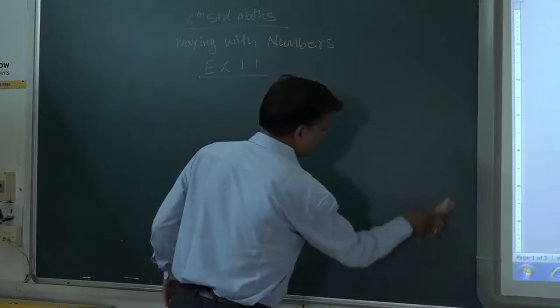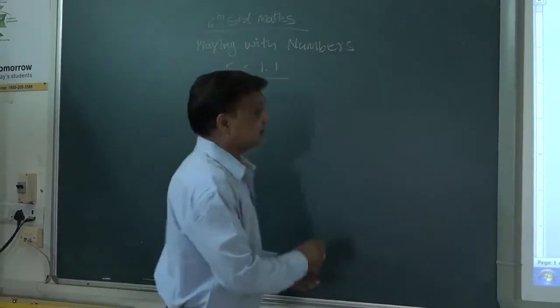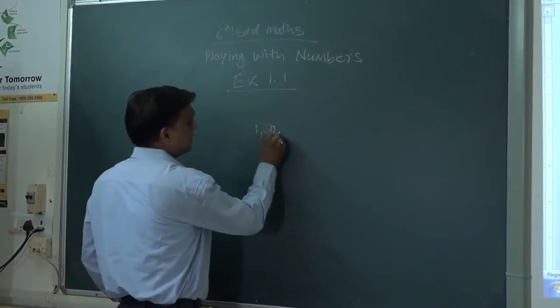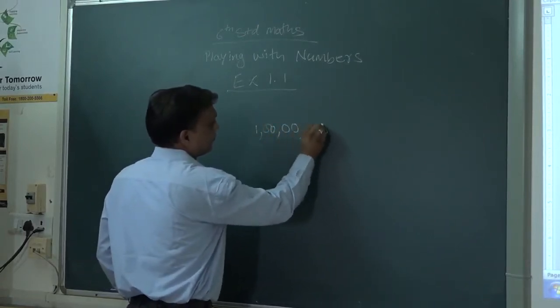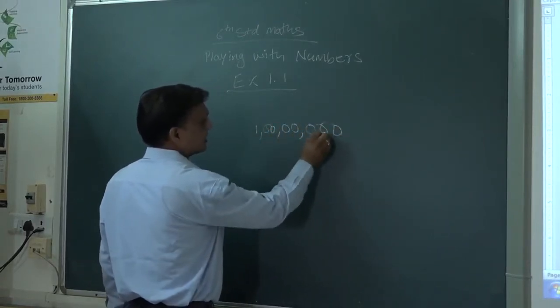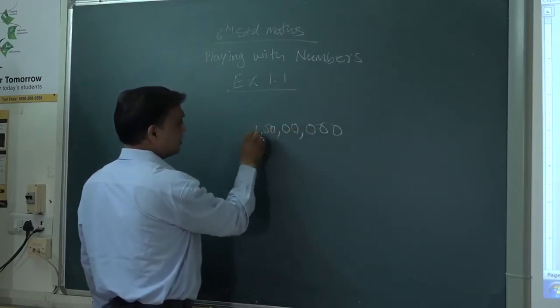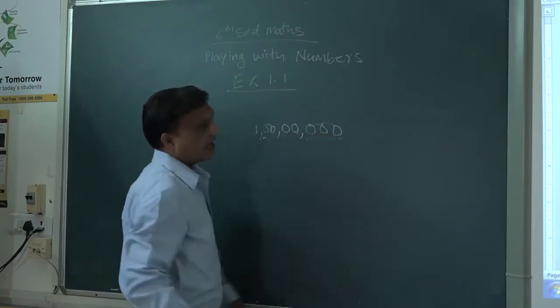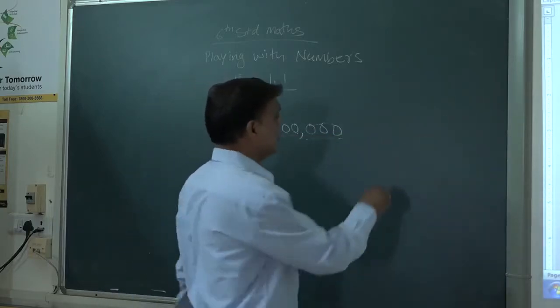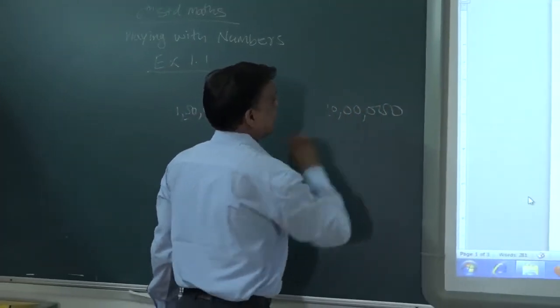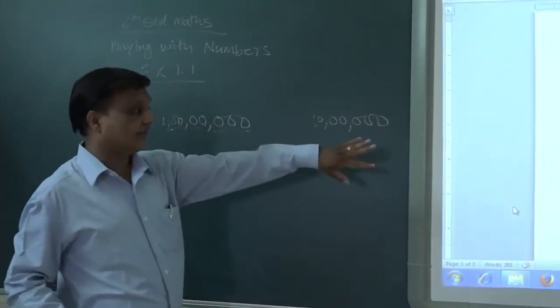The third question: 1 crore is equal to dash 10 lakhs. In 1 crore, how many zeros are there? 7 zeros. First you have to know how many zeros are there in 1 crore. According to our Indian system, 1s, 10s, 100, 1,000, 10,000, lakh, 10 lakh, 1 crore. There are 7 zeros.